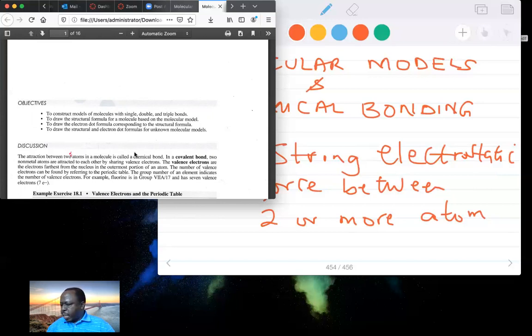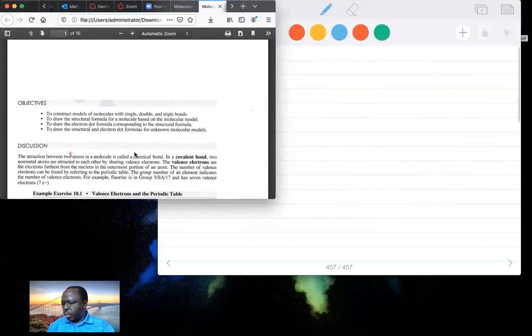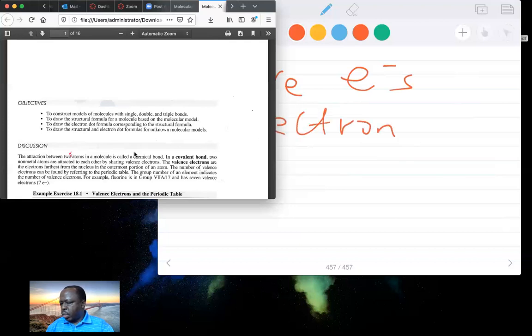So before we draw the Lewis structure, let's go back to how to determine the valence electrons, or what valence electrons are. You know what valence electrons are. Valence electrons are electrons in the outermost shell.